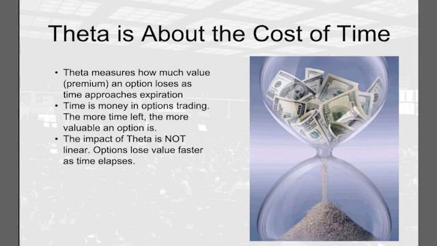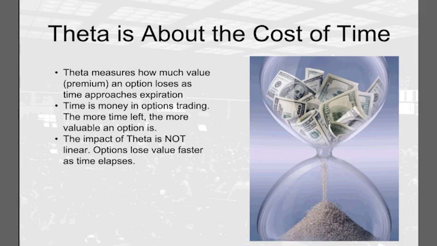Theta is also known as the time decay factor. All options lose value as expiration approaches. Theta is going to be the same for both call and put options that have identical strike prices.